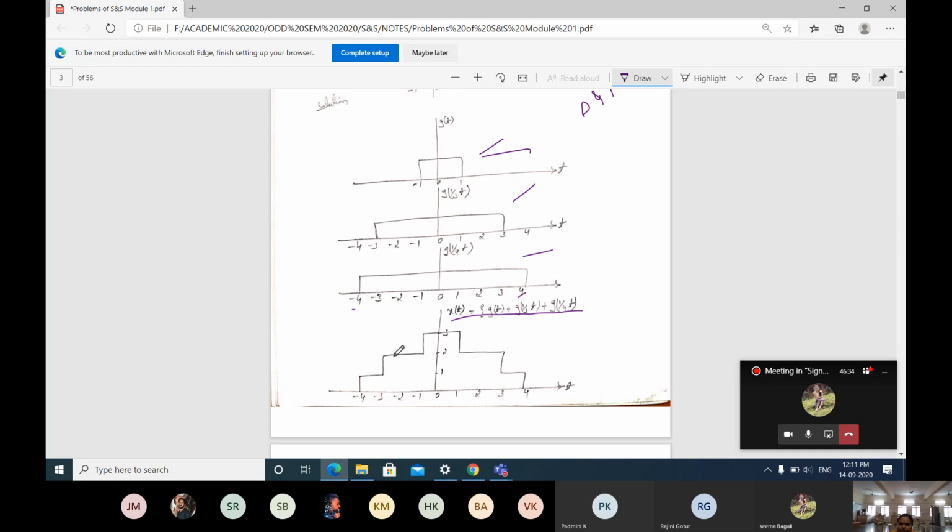For that reason it will be 2 till minus 1. Then from minus 1 to 0, observe, we have 1, again here 1, and again here is also 1. If I add, 1 plus 1 plus 1, I will get 3.